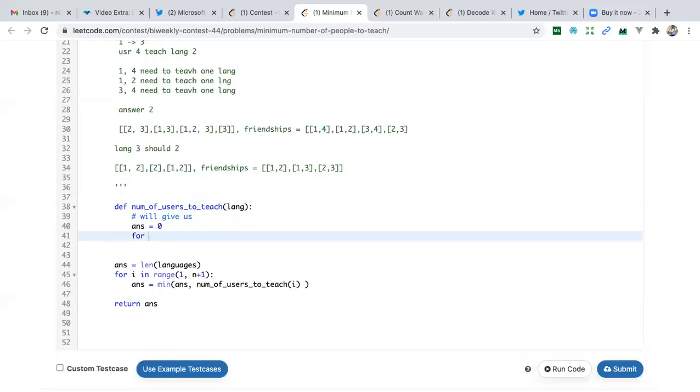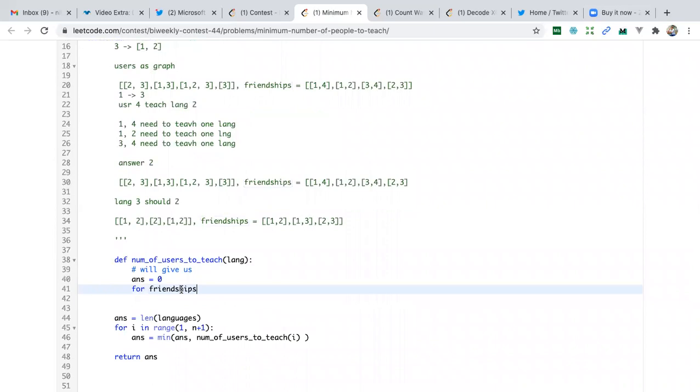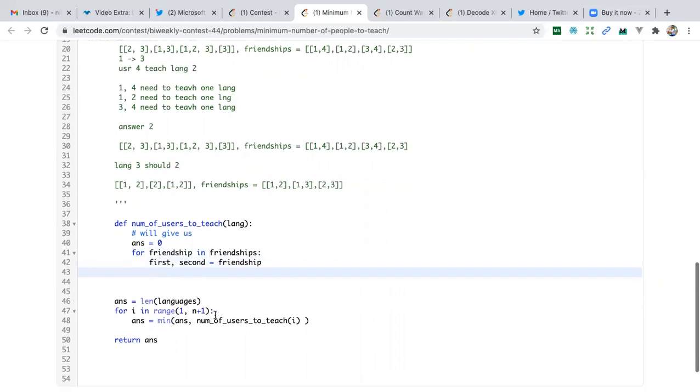So for friendship in friendships, the first and second users will be the friendship, and we have this array.